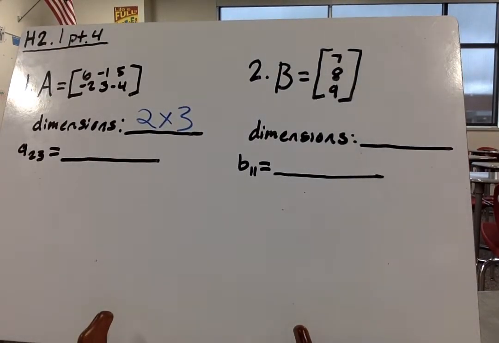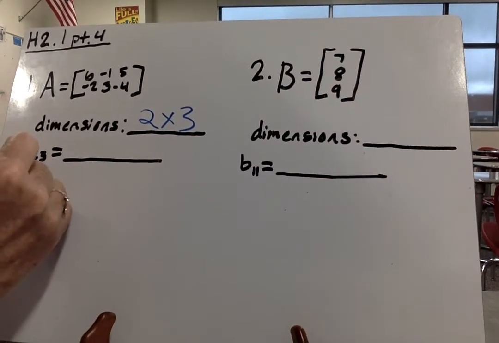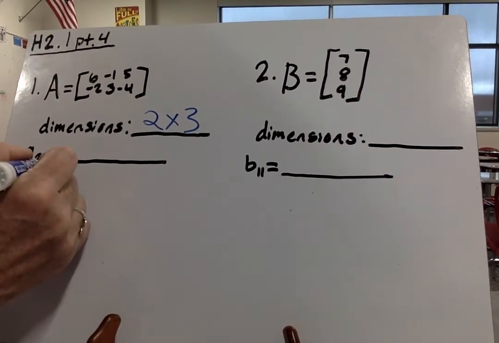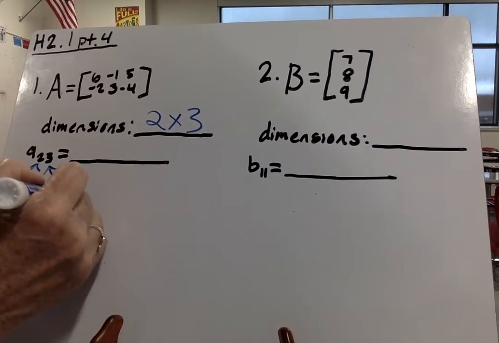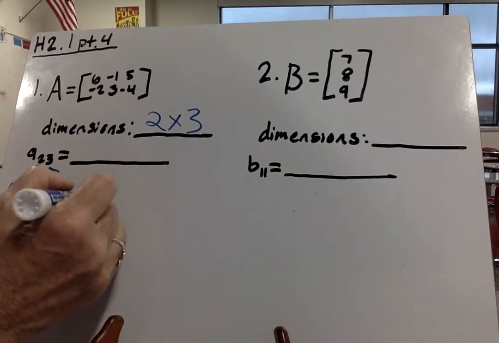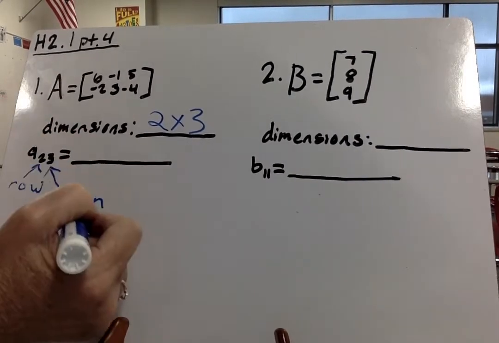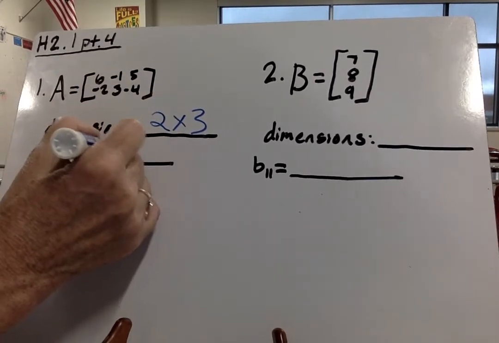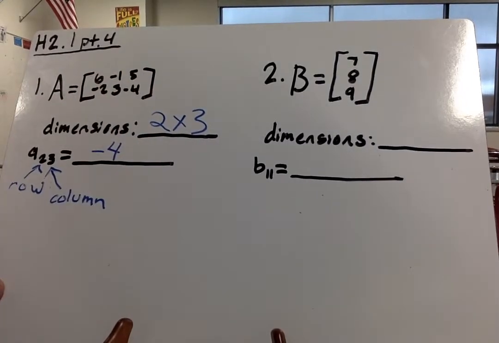Now, when you see a lowercase letter, this first number is the row and that number is the column. So I need the element that is in row 2, column 3. So row 2, column 3 is -4. And that's all you have to do. Make sure you write that in so you can keep that.